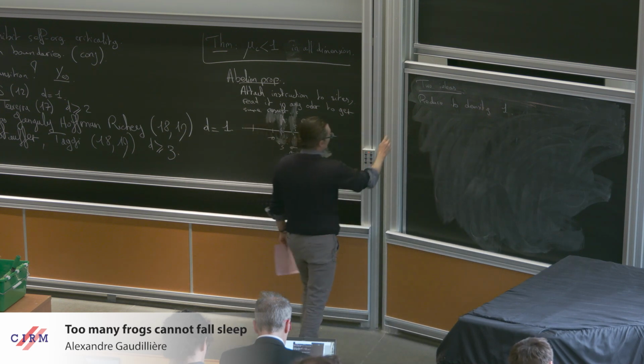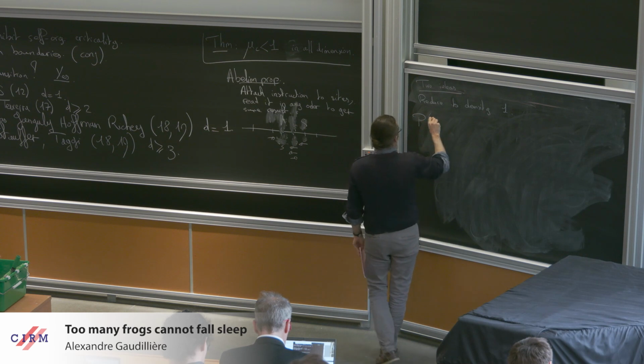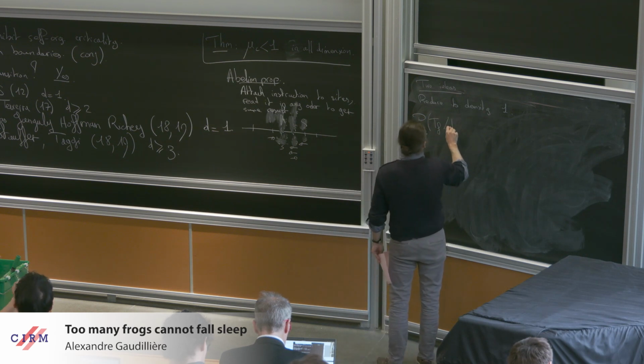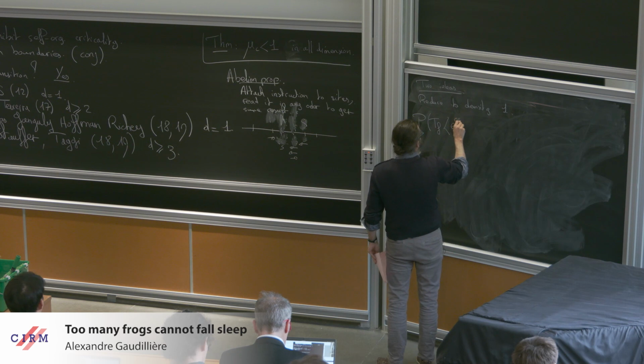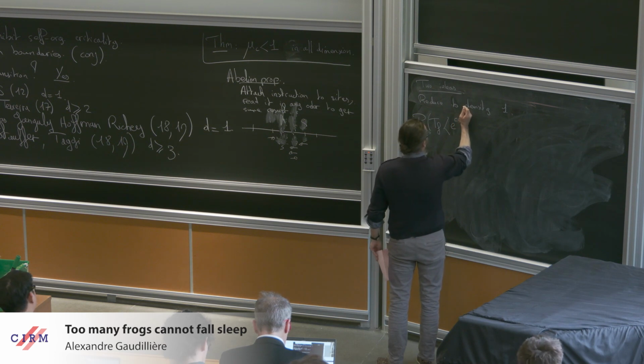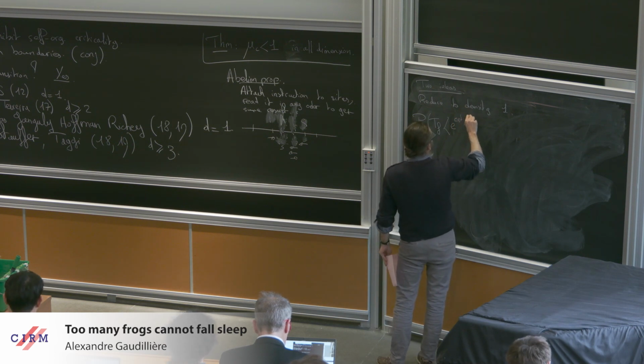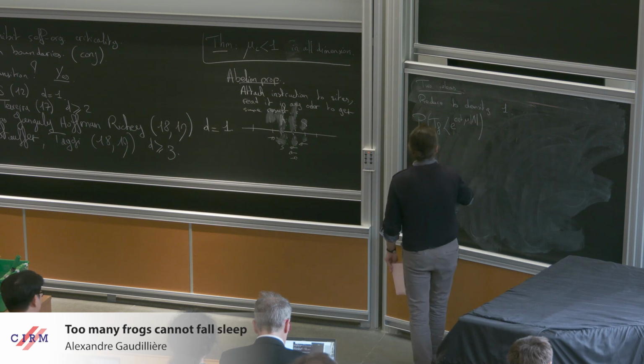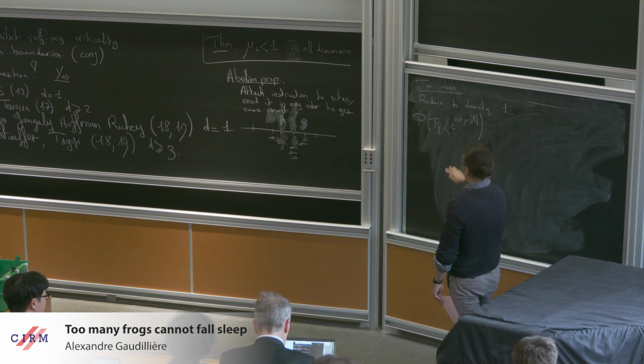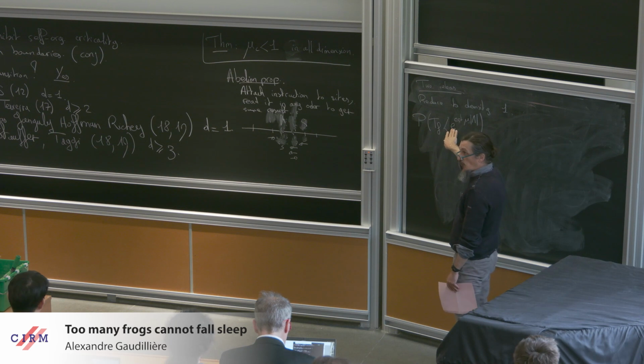I want to prove that the probability that I fixate in a time exponential, constant times n, let's say n is mu times lambda, is small. So I will sum over all the possible sites where the frogs will end.